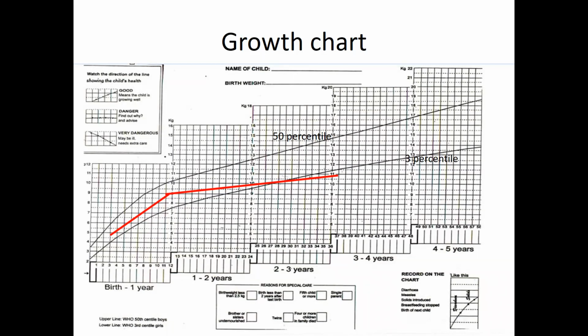But then in the third year, this gradual decline has continued, and now in the third year the baby's position is not really as planned. That means he is suffering from a problem. So we can tell that yes, the baby's growth has faltered in the third year.